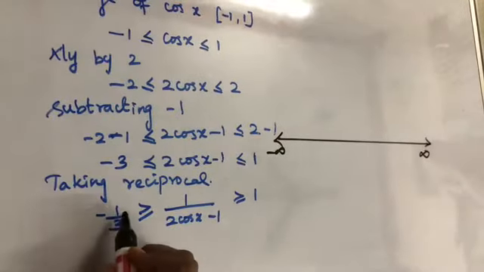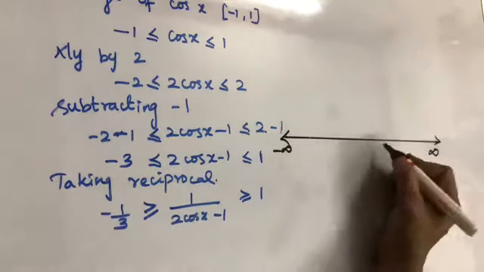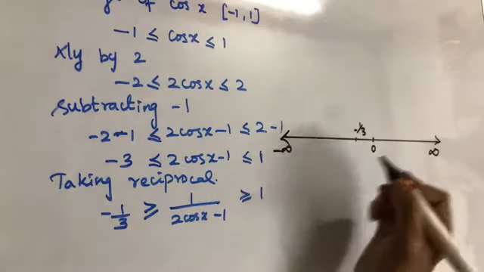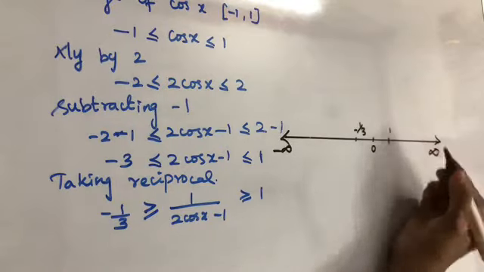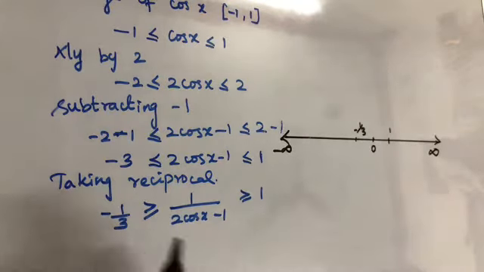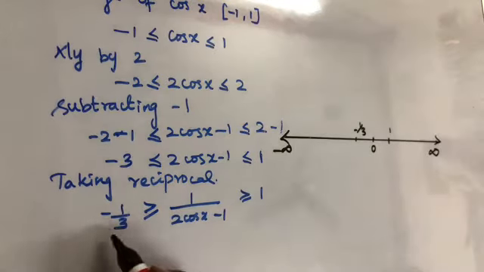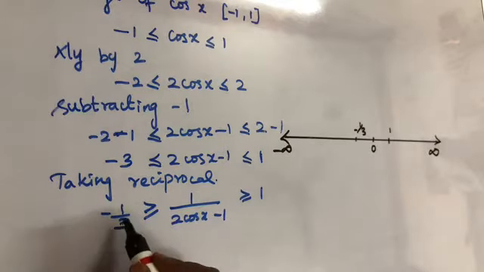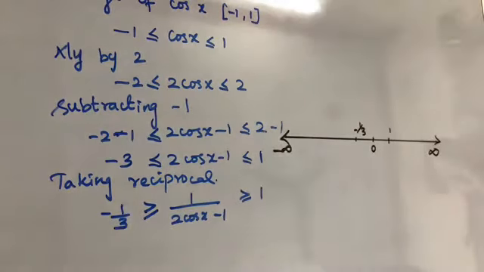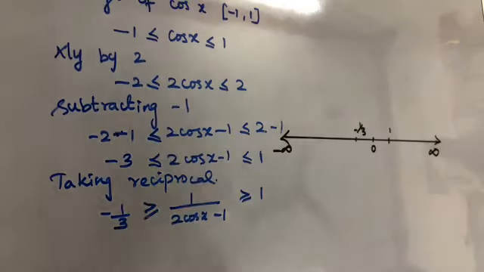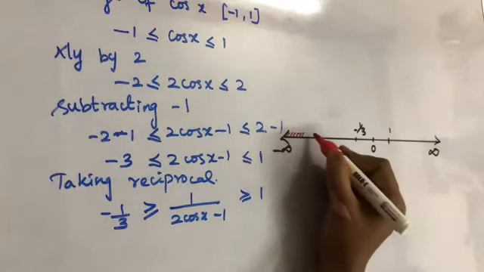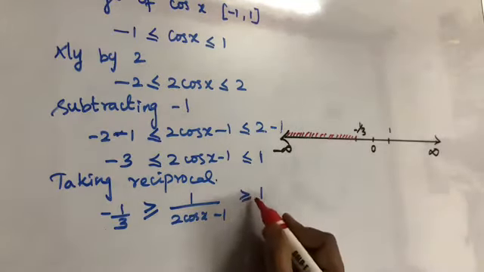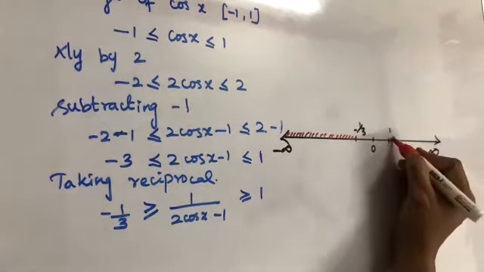So it is minus 1 by 3, and here it is positive 1. So the value ranges from minus 3 to 2 cos x greater than or equal to minus 3. So from minus infinity till minus 3 here and greater than or equal to 1.